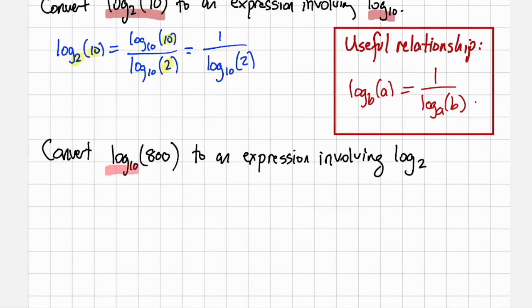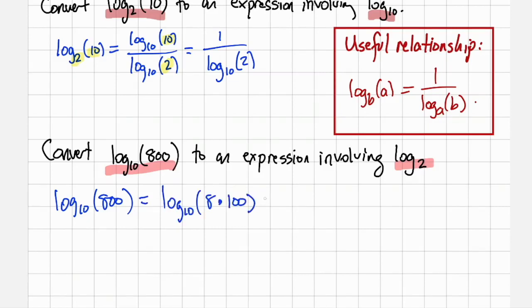Let's convert log base 10 of 800 to an expression involving log base 2. When I write log base 10 of 800, I see 800 as 8 times 100. We can write this as log base 10 of 8 times 100, and then apply our product rule that says this is equal to log base 10 of 8 plus log base 10 of 100.